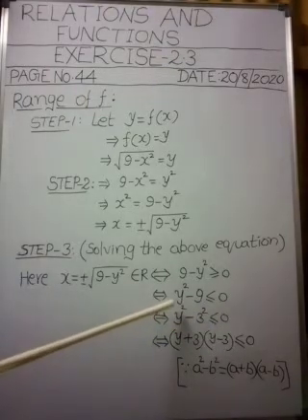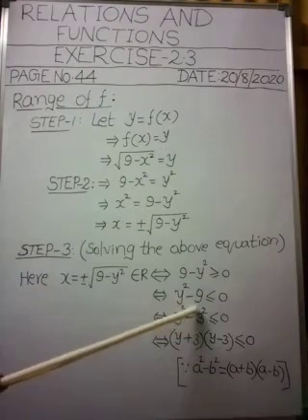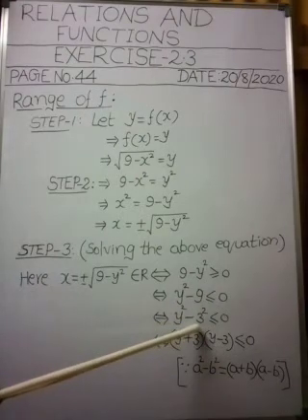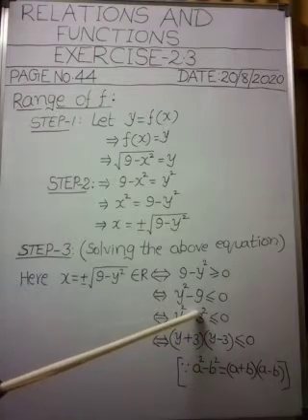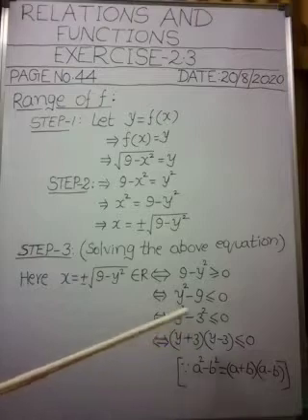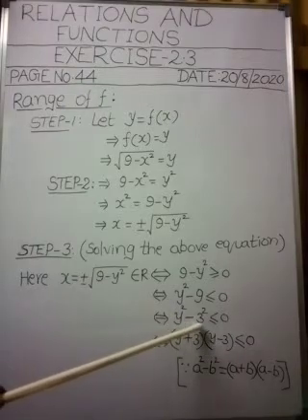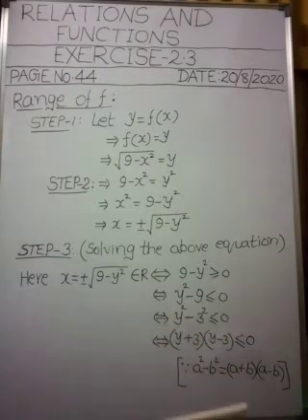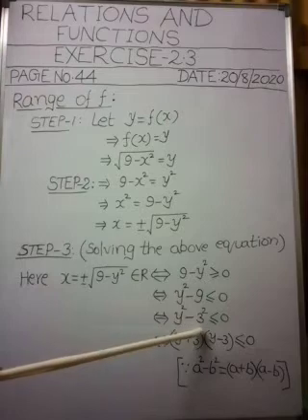Right. This implies y square minus, I wrote 9 as 3 square. Can we write it or not? Yes. So I wrote y square minus 3 square less than or equal to 0. Understood this step, my dear children? Right. This is in the form of the algebraic identity a square minus b square, where a is equal to y and b is equal to 3.